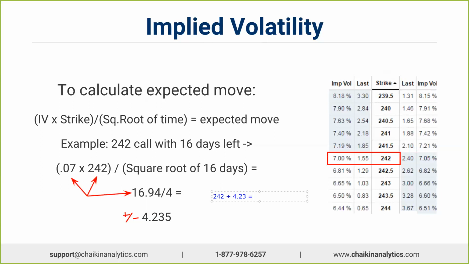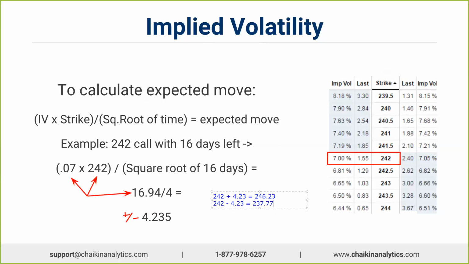And that tells me that if the SPY goes up, it is likely to go to 246.23. But this is a plus minus, so it's also pricing an expected move down to, I have to do some quick math in my head here, 237.77.